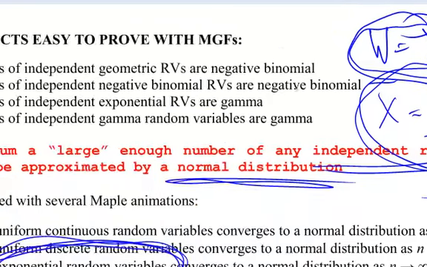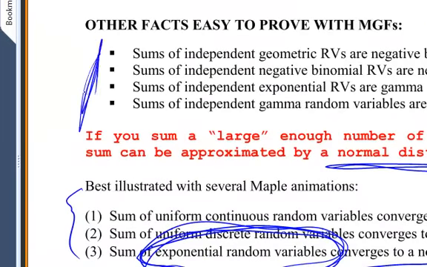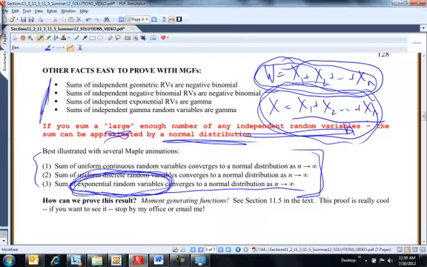I was just saying if you use moment generating functions, there are a lot of nice facts. In general, anytime you sum a large enough number of random variables, where large depends on the random variable, you start getting a bell-shaped curve.